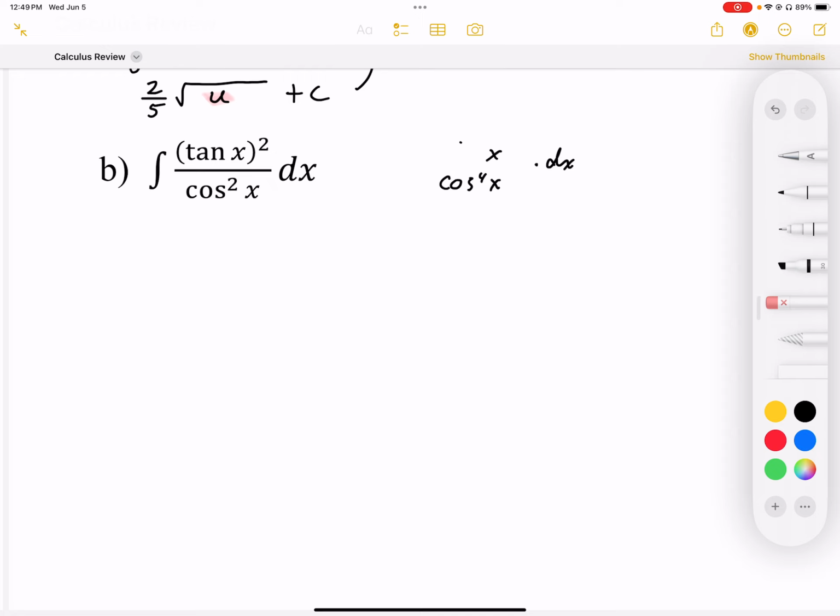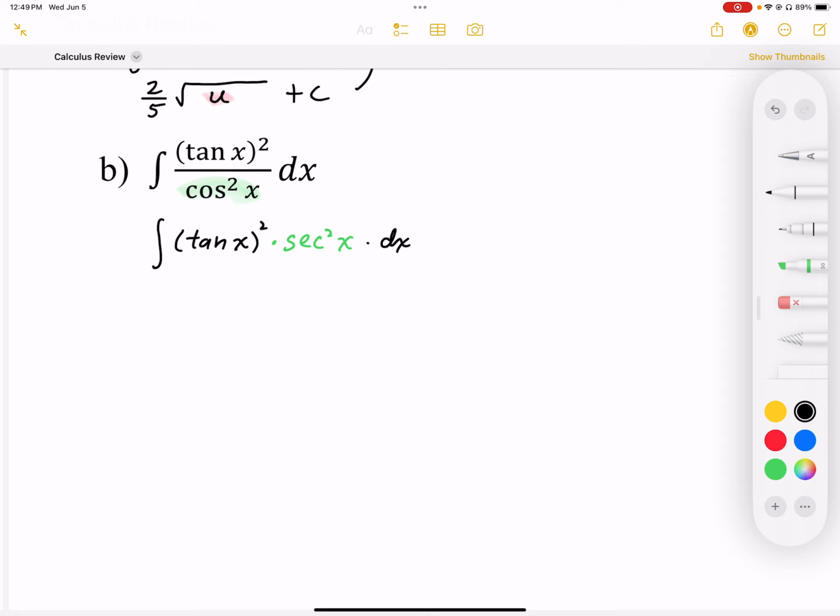Okay? So we have to look a little bit deeper here, and it's important to recognize in this one, we can express it like this. Tan x all squared, and the cosine squared in the denominator actually can be expressed as a times by secant squared x. Now, why would I want to do that?